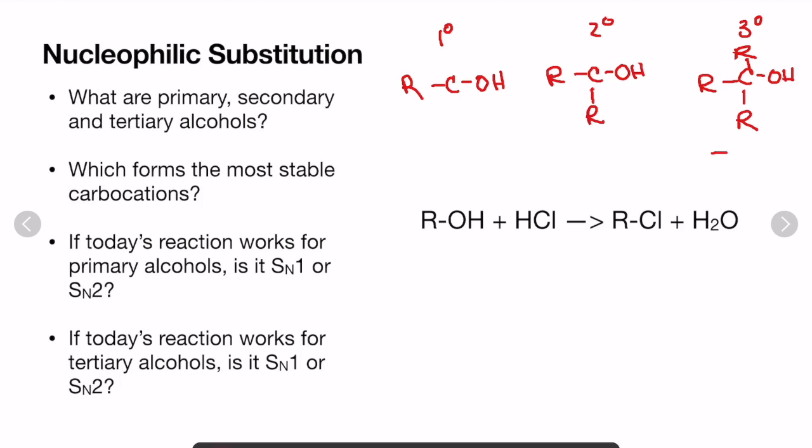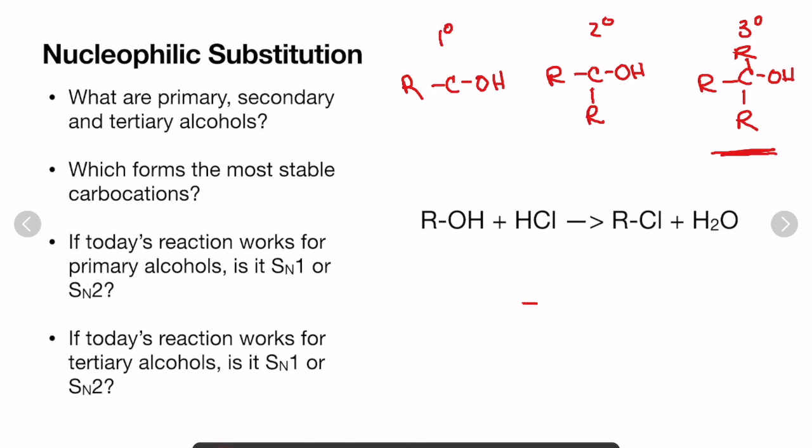That would be tertiary, because you have 3 R groups, and each of these R groups has some electron donating properties, and that helps stabilize the carbocation. So if today's reaction, the ROH plus the HCl gives RCl plus water, works the best for primary alcohols, would it be SN1 or SN2?